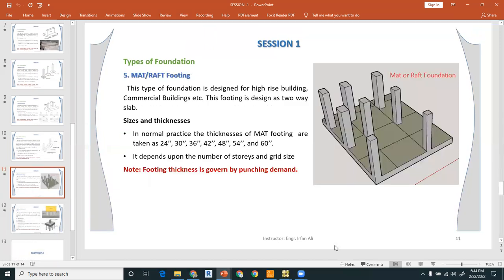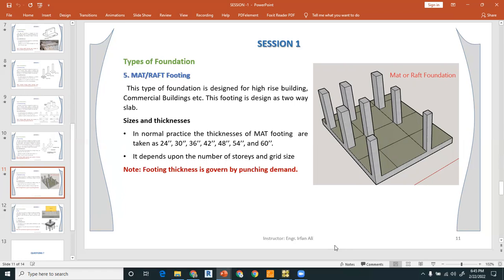The next one is the mat footing and raft footing, which is very popular and normally used in every high-rise building. This type of foundation is designed for high-rise buildings, that is commercial buildings, apartments, or offices. And this footing is designed as a two-way slab as per ACI 318-14, because if you divide the length and width by these ratios, you will get a ratio of less than 2.